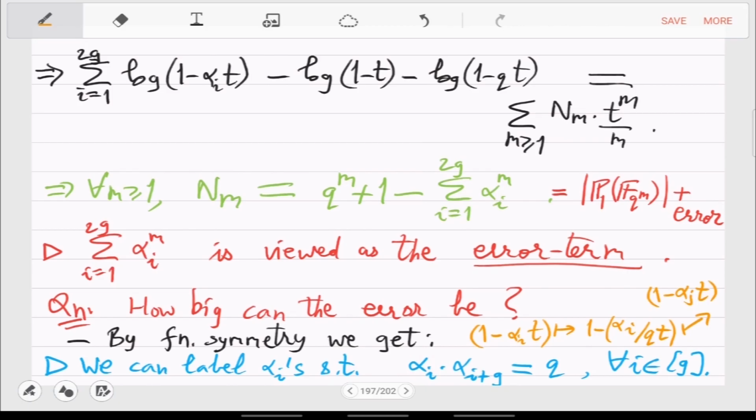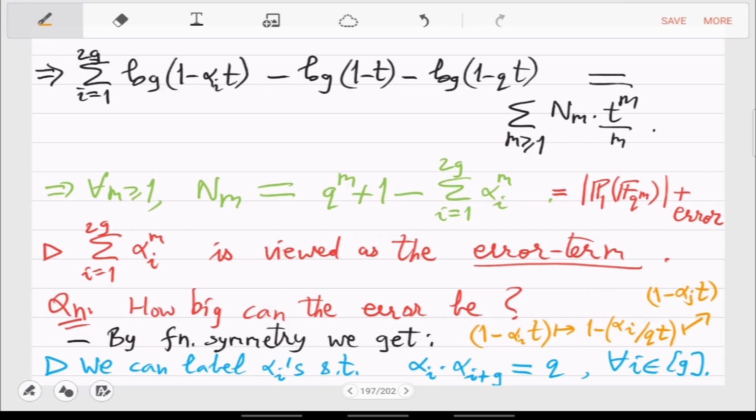No, it's okay. When you transform, you have to look at this as t minus alpha_i by q.